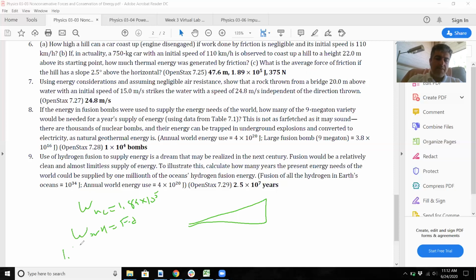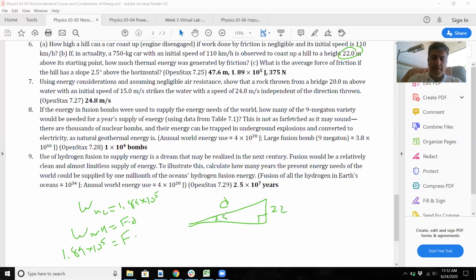We want to find the force that's asked for. And the distance, you're traveling up a hill. I think we use the height over here, actually, 22.